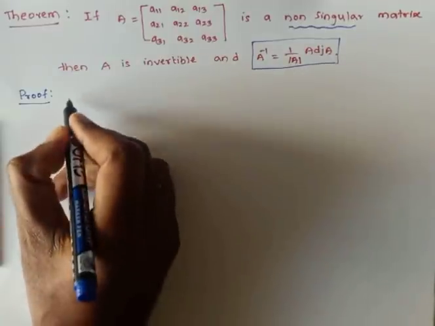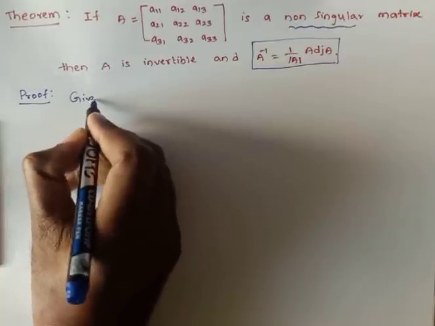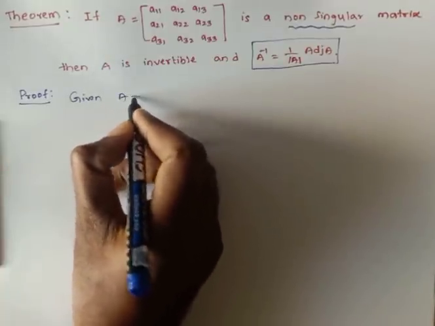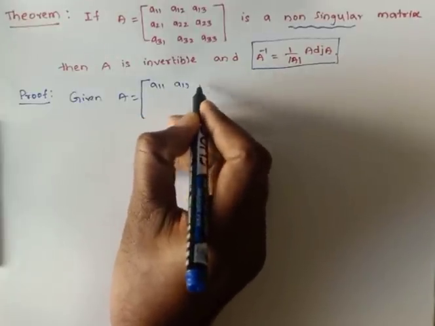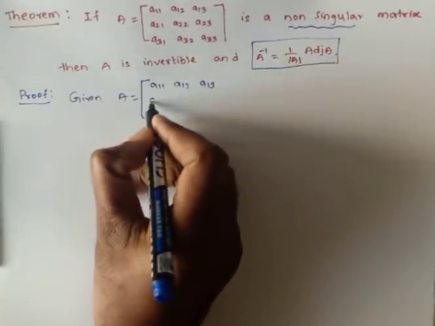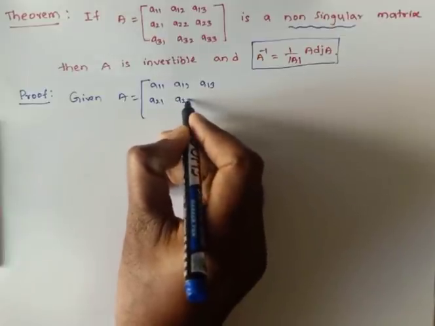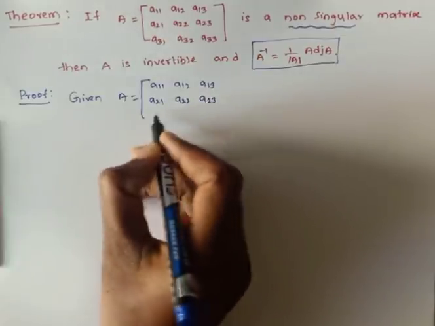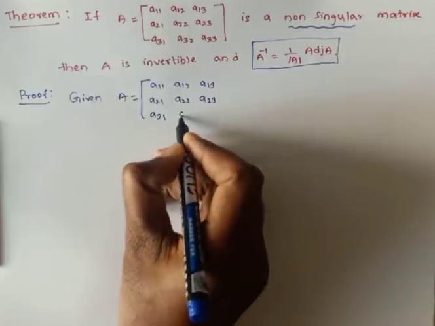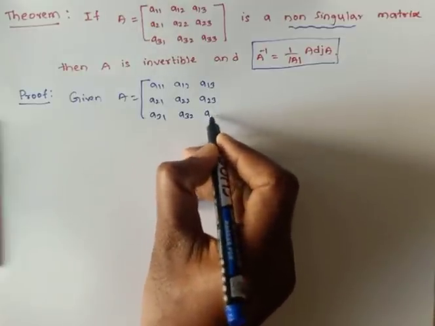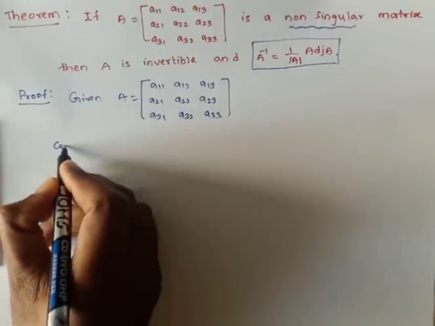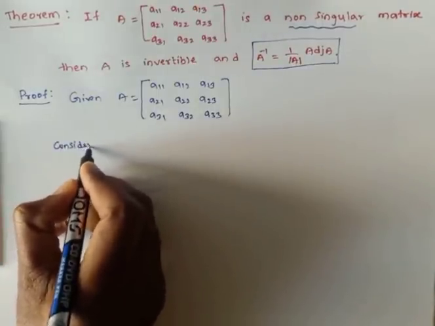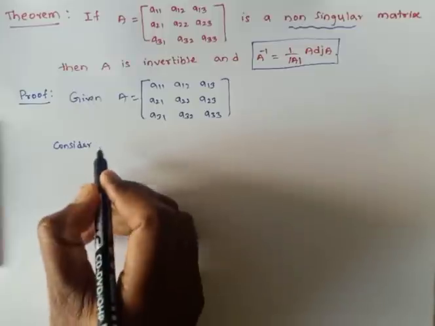Right, so what is given? Given that A is a 3 by 3 matrix, that is A11, A12, A13 and A21, A22, A23 and A31, A32, A33. You know the cofactor matrix of every matrix.